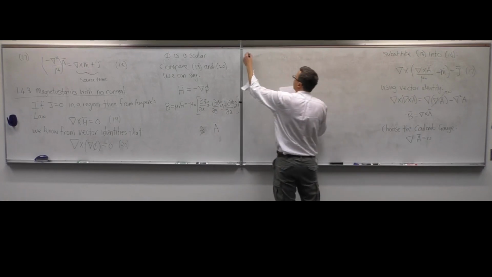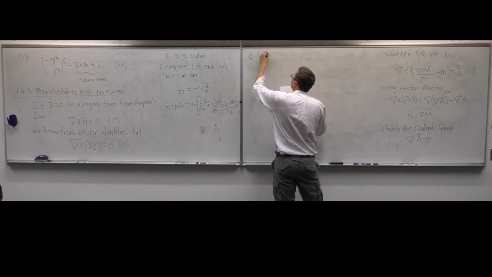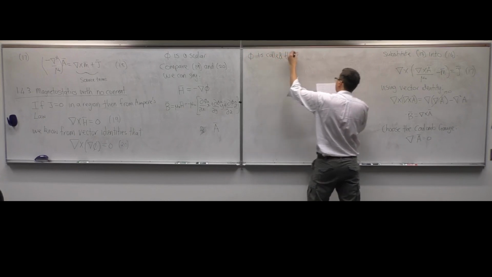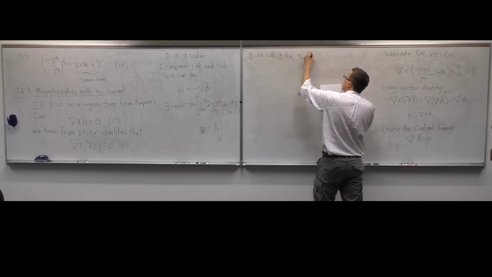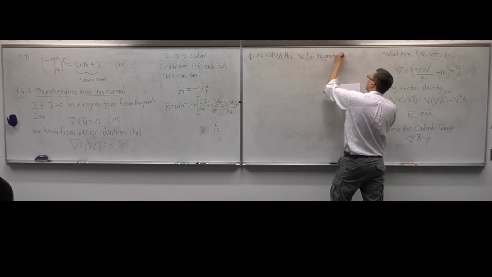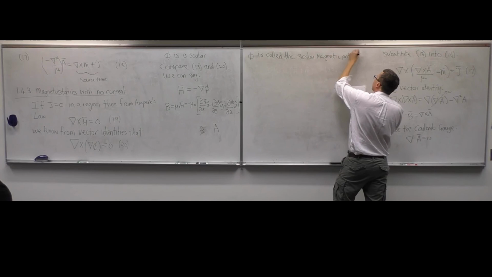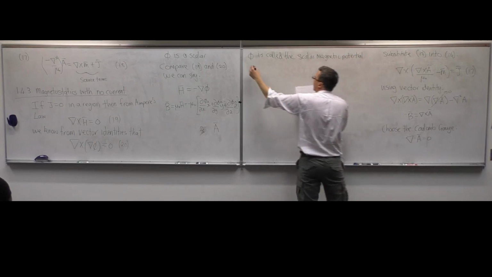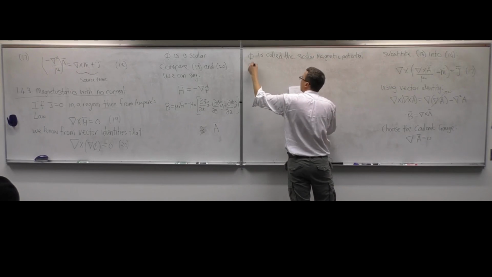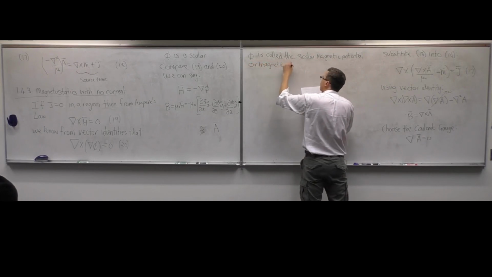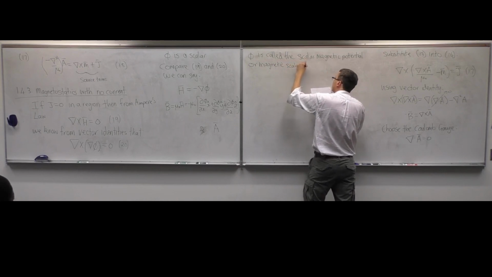So phi is called the scalar magnetic potential. I actually like calling it magnetic scalar potential.